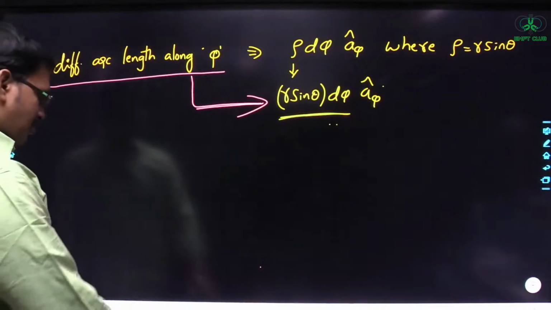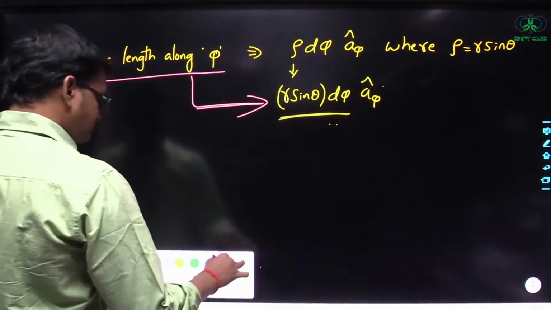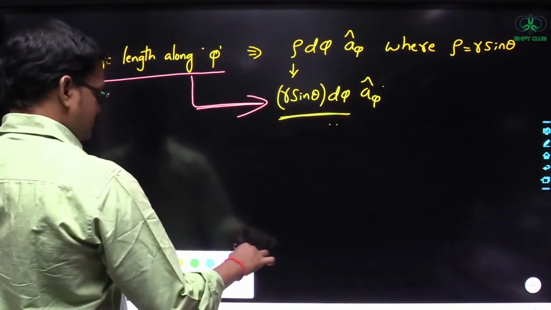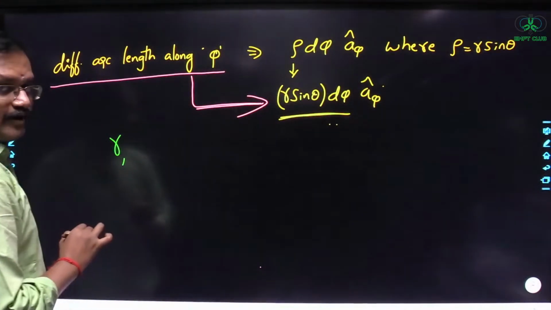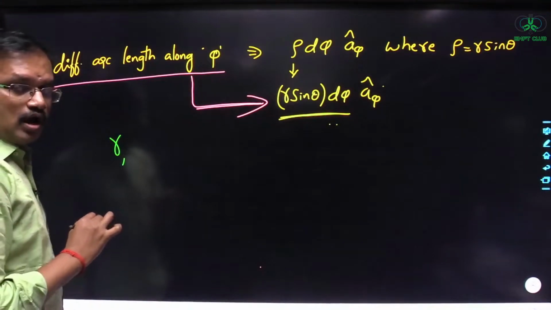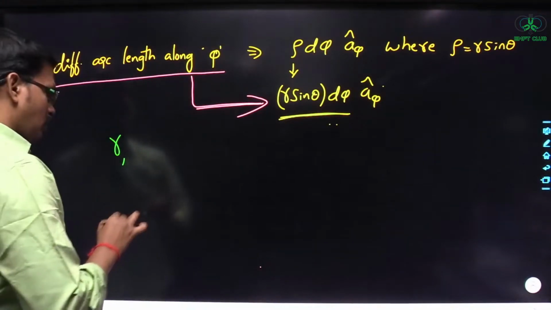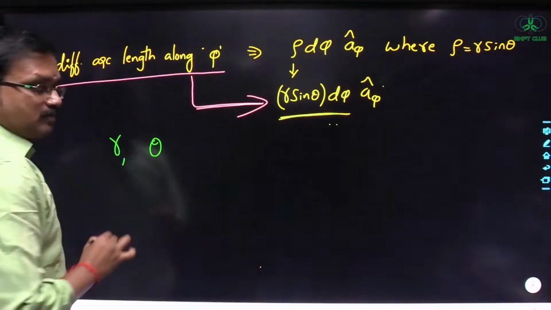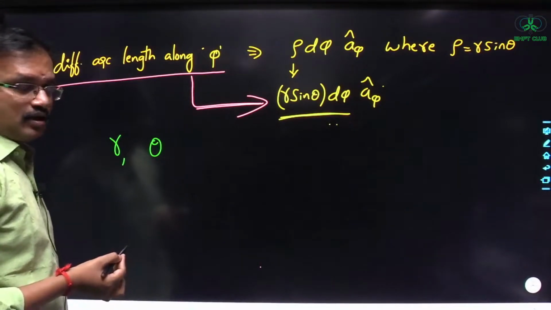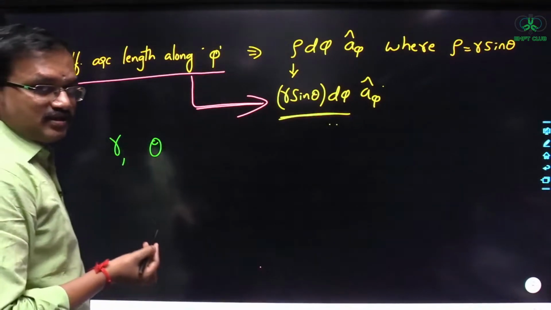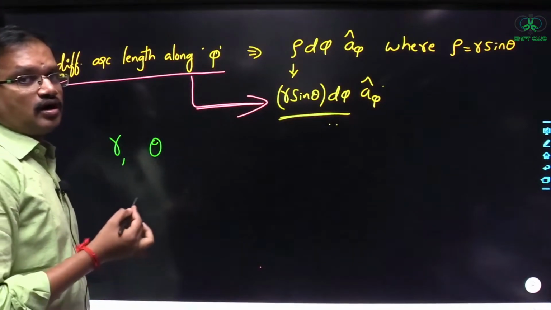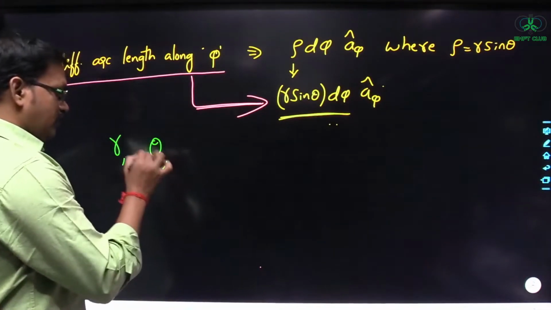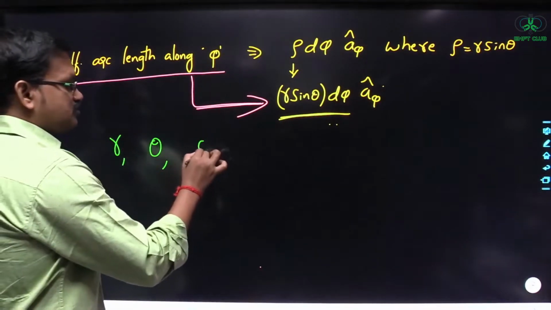With this we have analyzed what we mean by r, what is the range of r, and what is the differential length along r. We have also seen what we mean by theta, what happens as theta varies, what is the range of theta, and what is the differential arc length along theta. Similarly, we have analyzed with respect to phi.